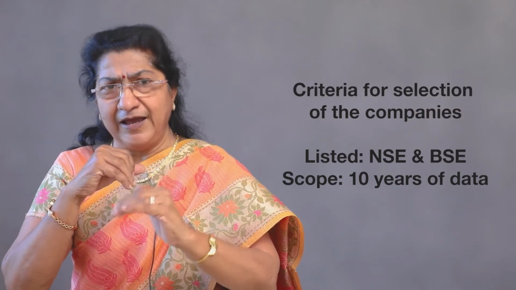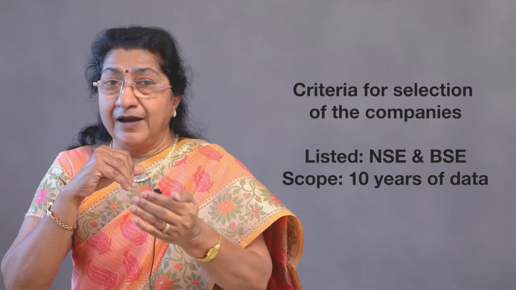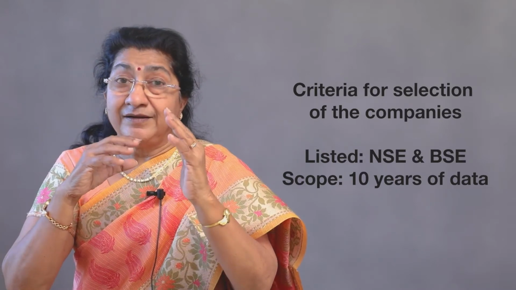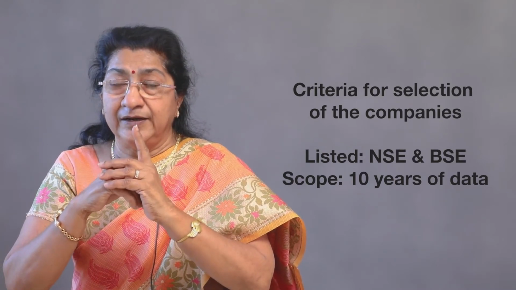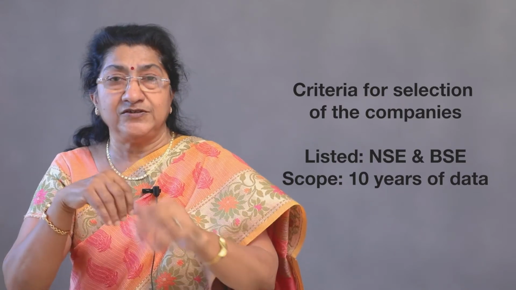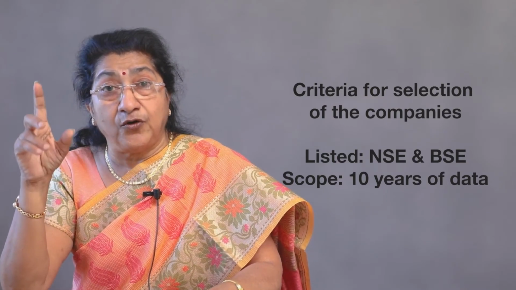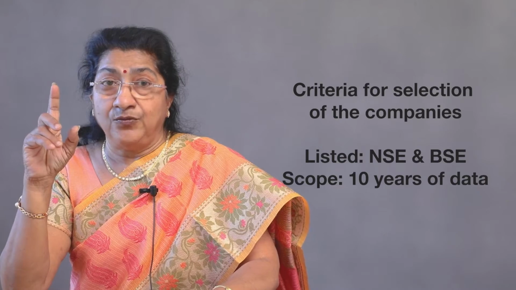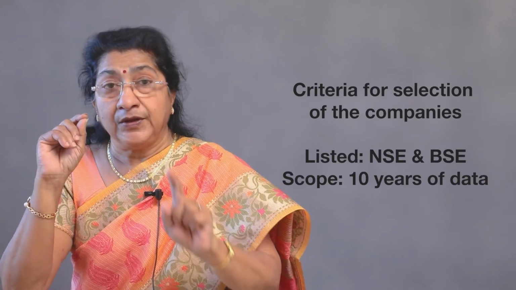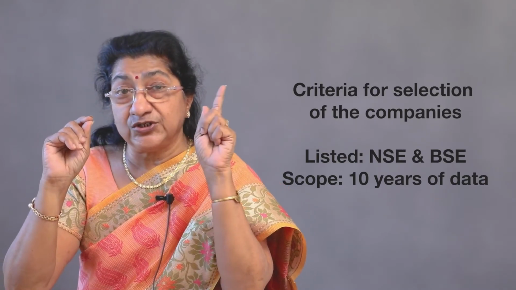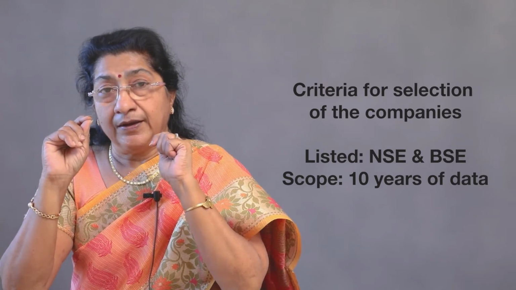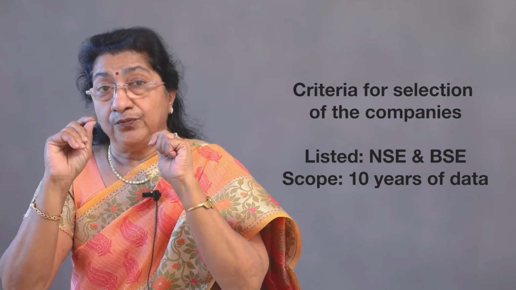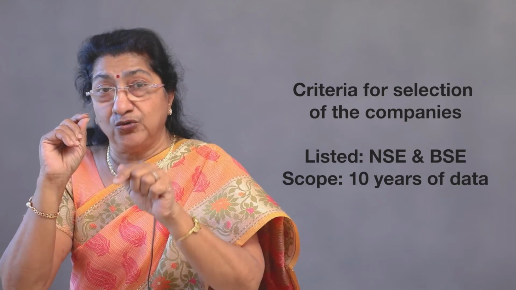You can take any of the criteria, and you selected 10 companies, and your scope of the study is also 10 years. Now, 10 years means, suppose one company is 60 years old, then what to do? From day 1 to 10 years?